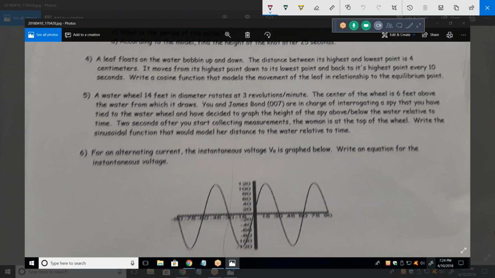Like I said before, even when I have students who are taking a semester of trig, I don't always get these kind of problems. Okay? So these are hard. These are really hard. Don't get discouraged by them. The only thing you have to remember is the sinusoidal equation. Okay?